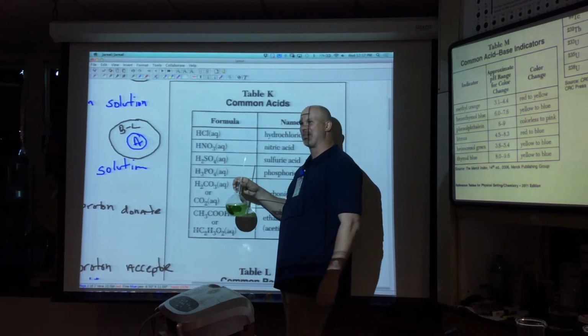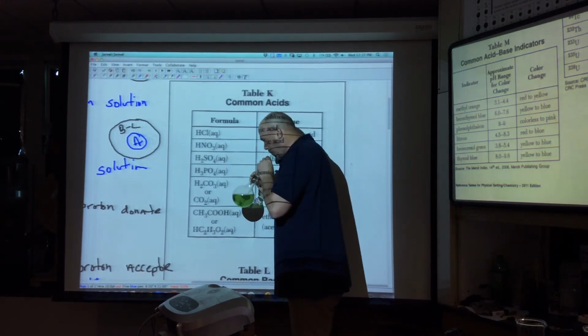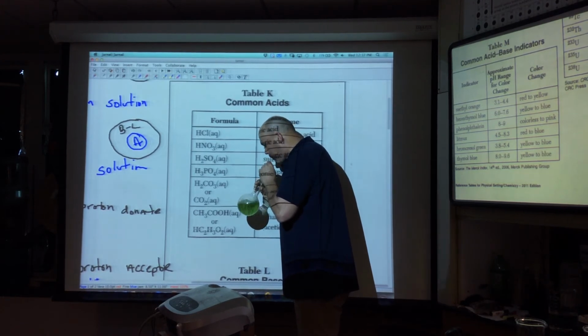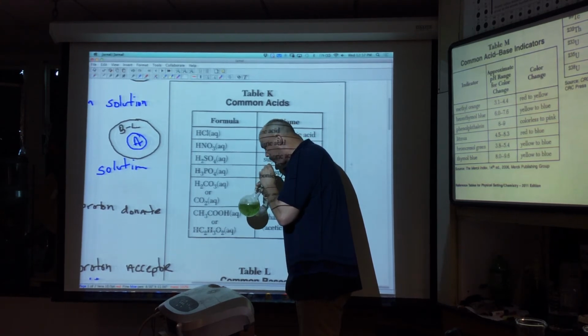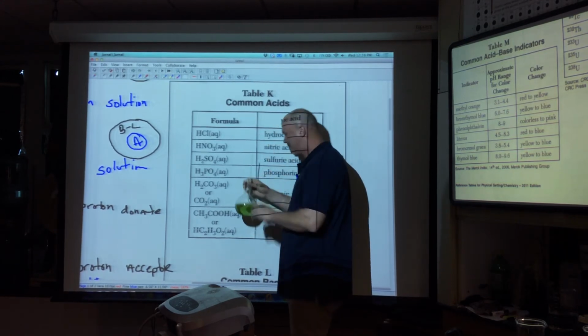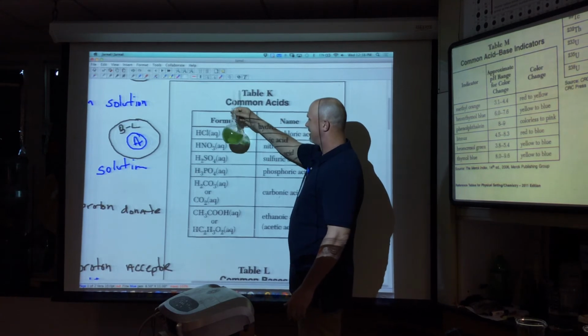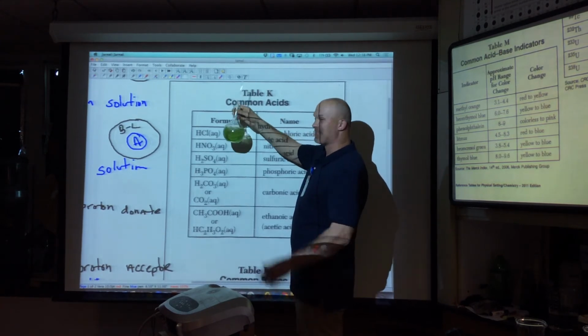Okay, still green. Getting lightheaded. All right, is it light green?